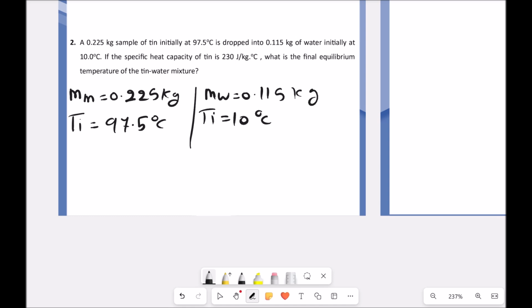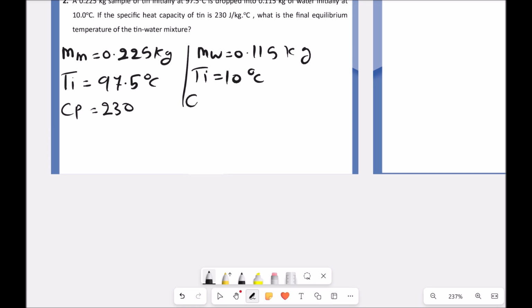If the specific heat capacity of tin is given, Cp for tin is equal to 230. We also have the Cp for water. I always forget this, so this is water and this is tin.